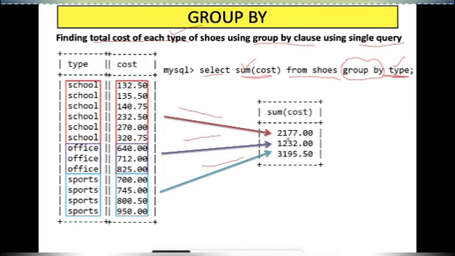In this output, if we had 4 types of shoes, there will be 4 total costs. If we have 5 types, there will be 5 total costs, because 5 groups will be formed. If we had 2-3 more types of shoes, then 2-3 more outputs will be there. Till now, if we write select count distinct type, it gives the output 3.